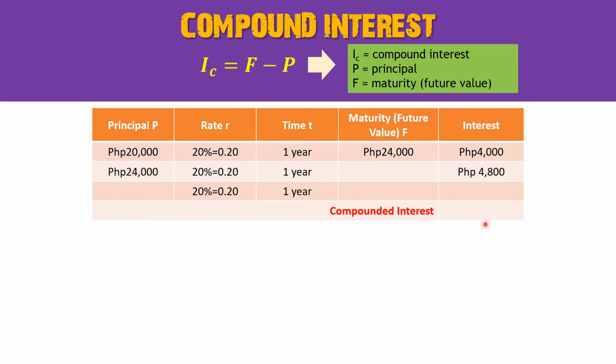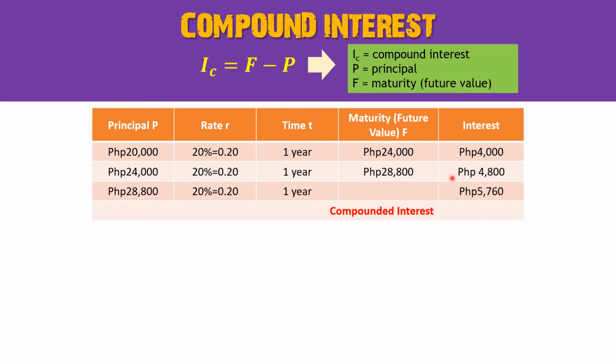Then, add natin ang interest plus the principal. So, 24,000 plus 4,800, that is equal to 28,800 pesos. And then, itong maturity value na to, ito yung magiging panibagong principal amount. Kopyahin lang natin. And then, multiply natin ang tatlo to get the simple interest. 28,800 times 0.20 times 1. The answer is 5,760 pesos.